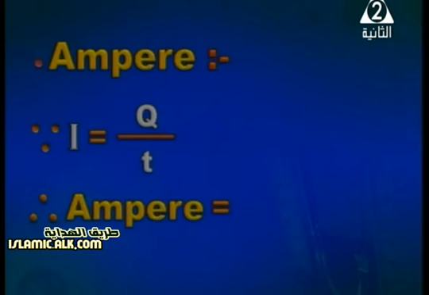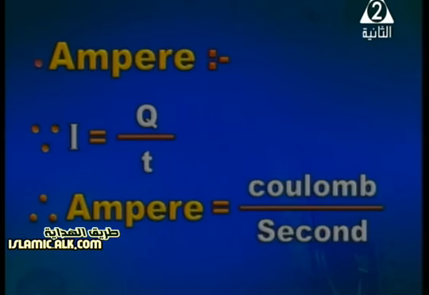So talking about the SI unit of current intensity, it is ampere. Since I equals Q over T, so ampere equals coulomb over second. We want to define ampere.